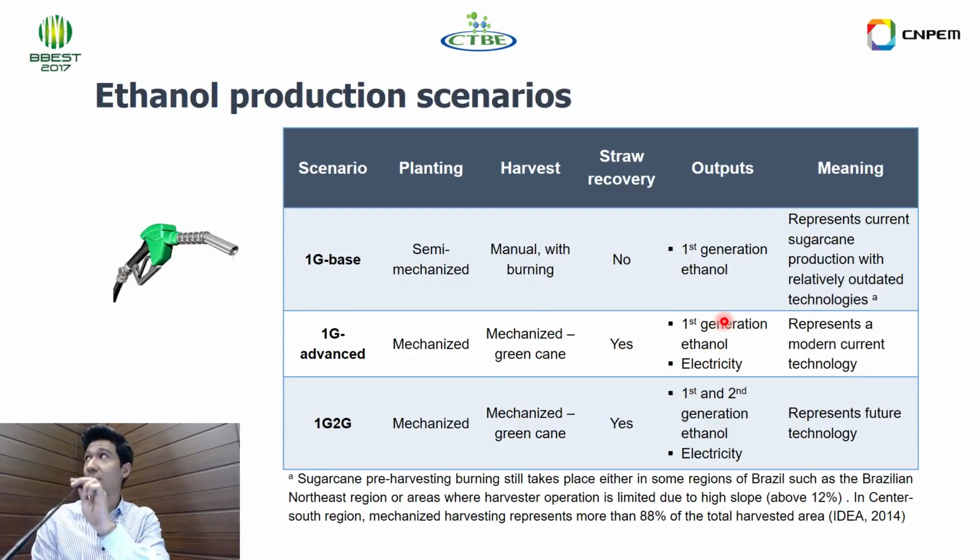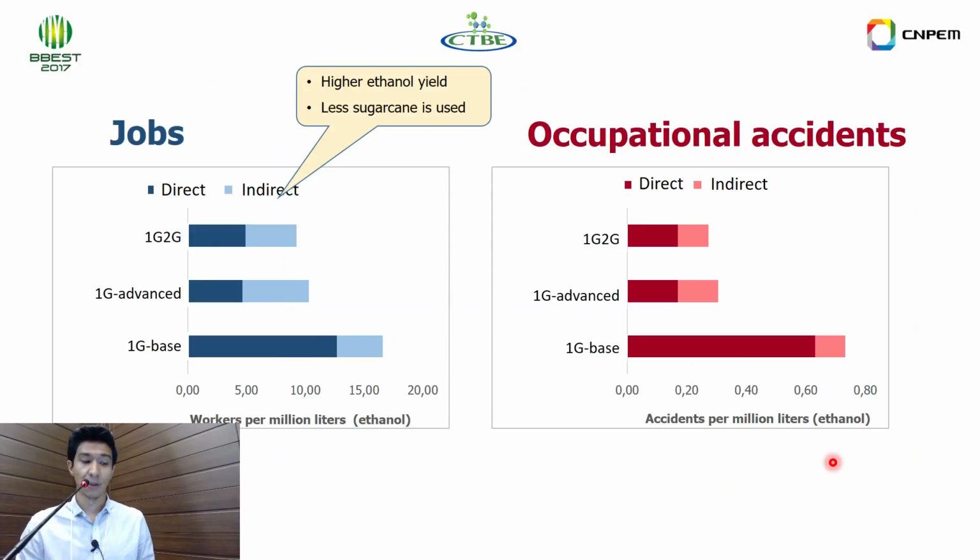We can produce first generation ethanol and electricity surplus by recovering straw, and it represents the best current technology we have in Brazil. And the future scenario is the integrated first and second generation mill, which also depends on a very similar agricultural scenario, but the difference is that we're producing second generation ethanol.